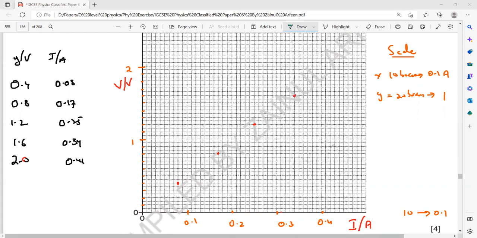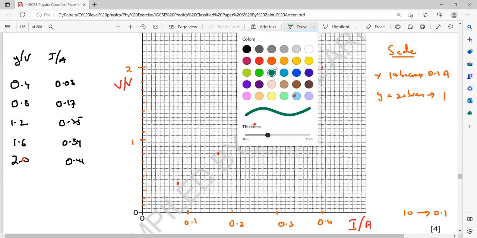And then 2 and 0.41. So 0.41 will be here, and this will be 2. So these are the points we mark according to the values given.